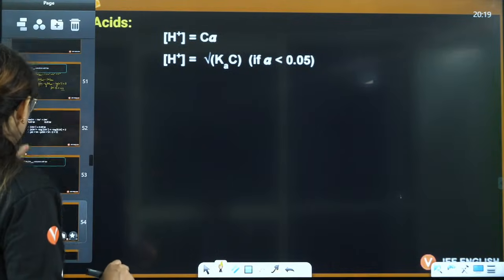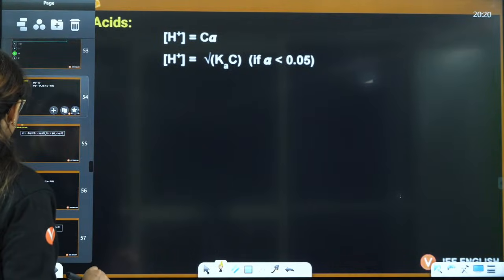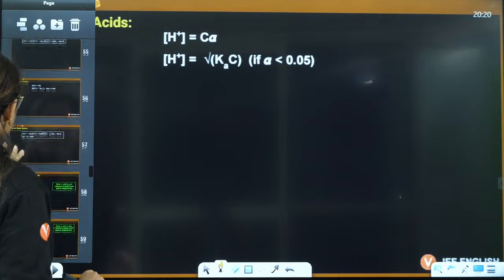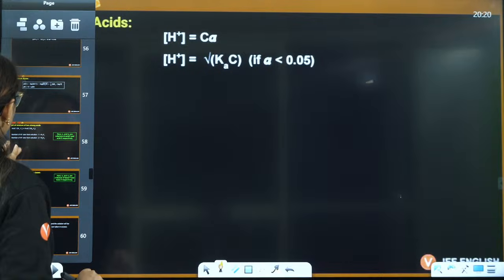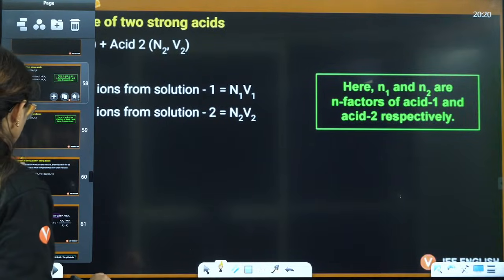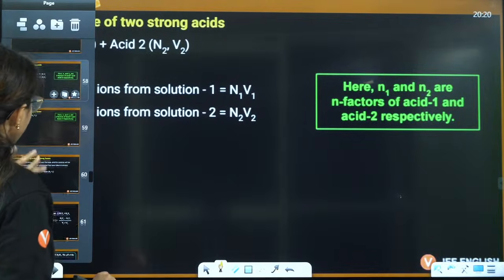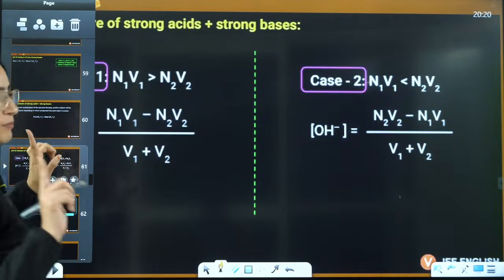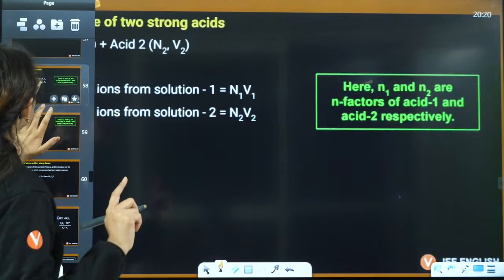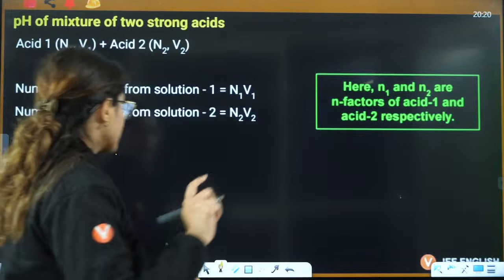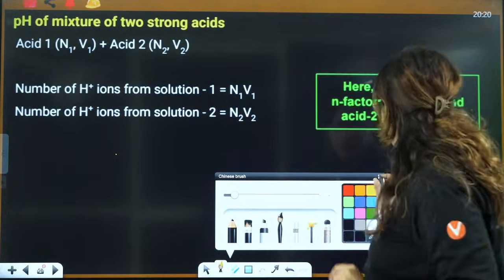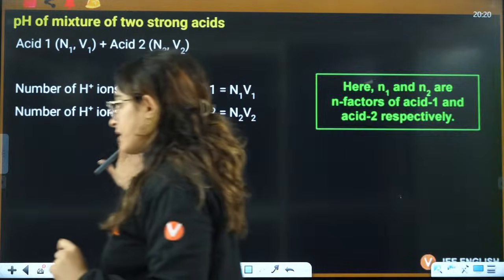Weak acids, I don't want to do it now. I wanted to do 2 strong acids and 2 strong bases. Till the 61st slide we will complete, after that, trust me, I will end the class. Very small amount is left, so we'll do it fast.